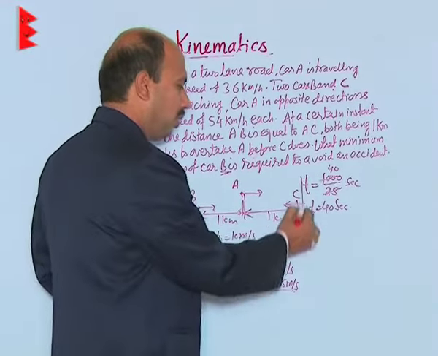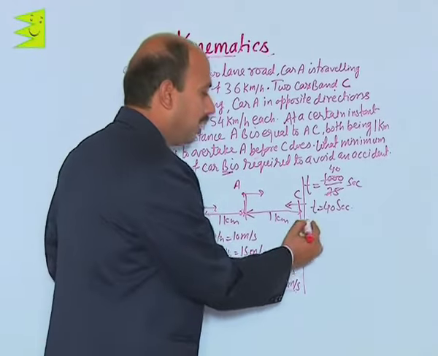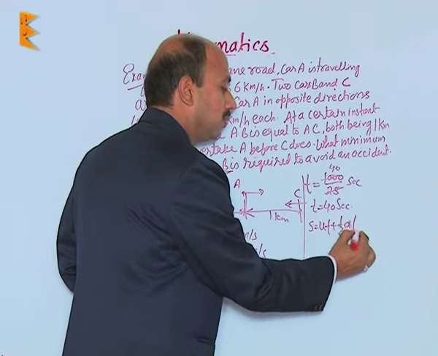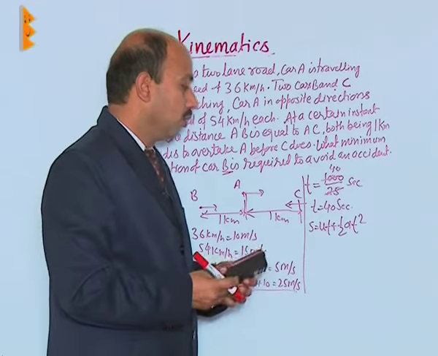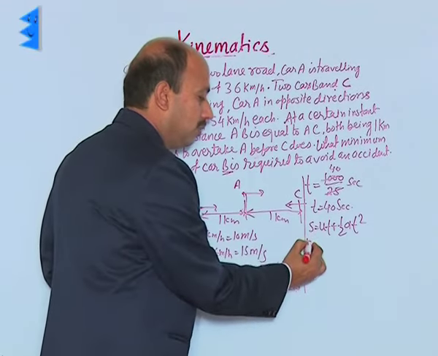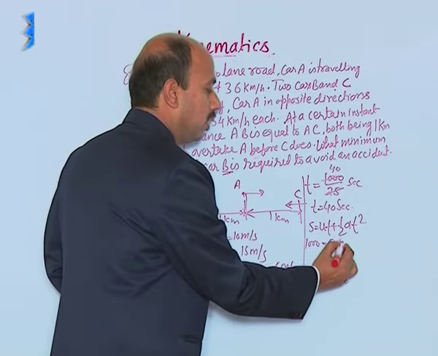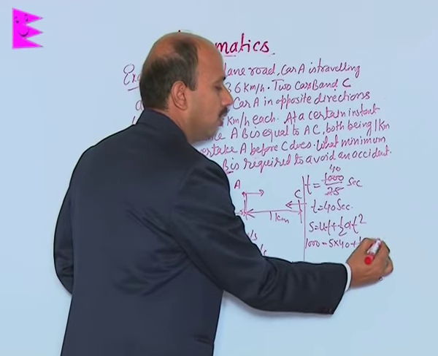Now you can go for the equation of motion for car B. We can write directly S is equal to ut plus half at square. Here we take the relative positions. So now S is the relative position, that is 1000, U is 5 into 40 plus 1 by 2 into a into 40 square.